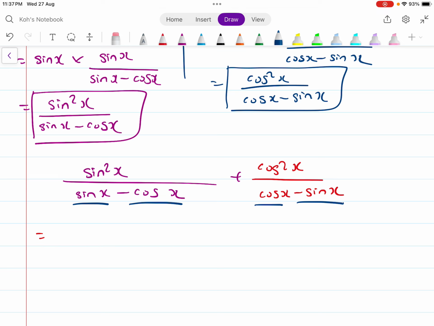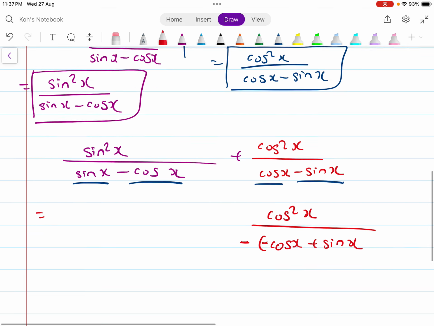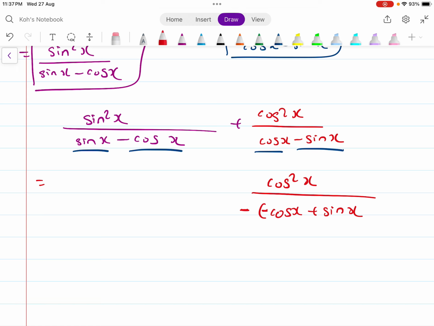So what we can do is take out the minus sign from the second fraction. So I take out the minus sign, and it becomes cosine square x over negative cosine x plus sine x. Then with this I do a bit of rewriting.